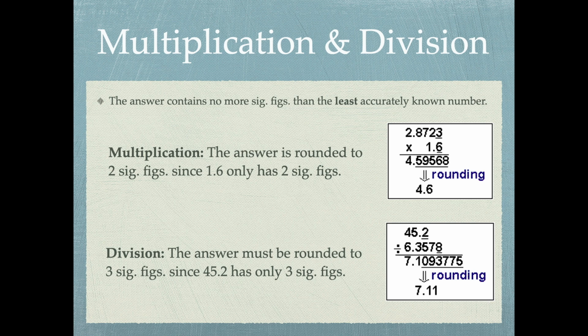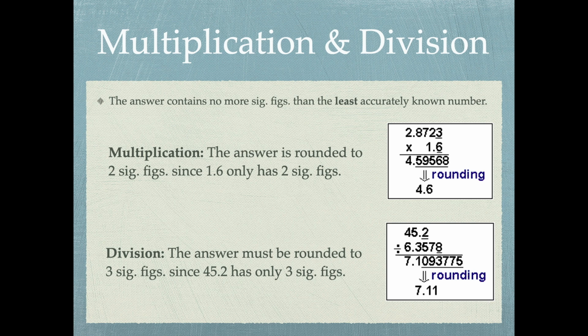So basically what we do is we do the best that we can with it, and we just round to the smallest number of significant figures of any of the numbers that we have. Anytime you have division or multiplication going on, you're just going to keep the smallest number of sig figs that you have in either number that you start with.